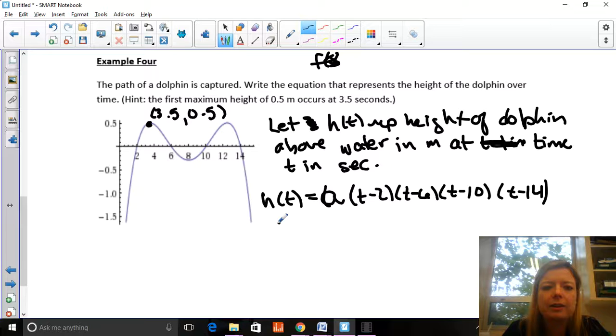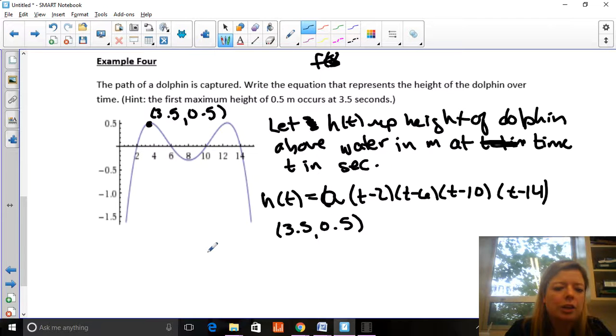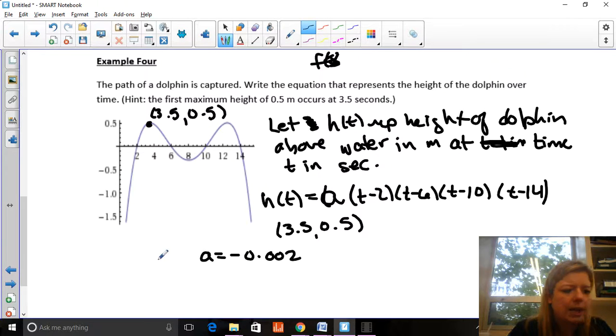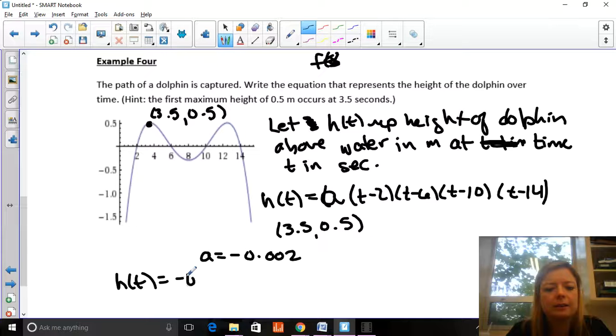Now we're going to put in the point (3.5, 0.5). You should get that your a value is negative 0.002. It makes sense that it's negative because it's opening down. And now you can write your function h of t equals negative 0.002, and then all the factors.